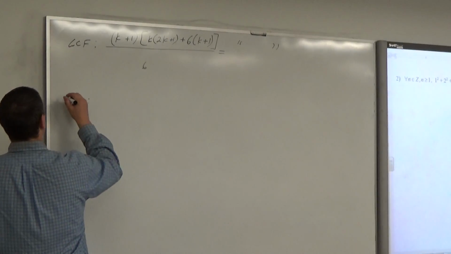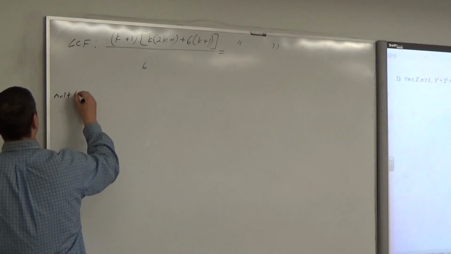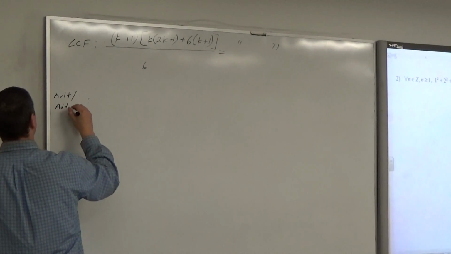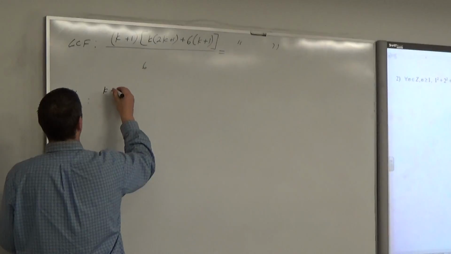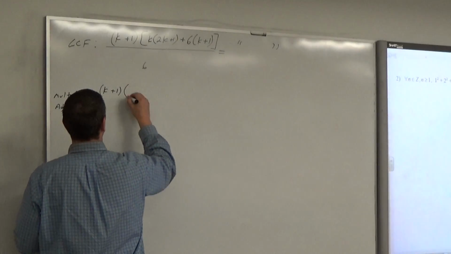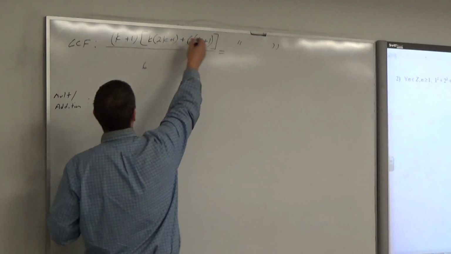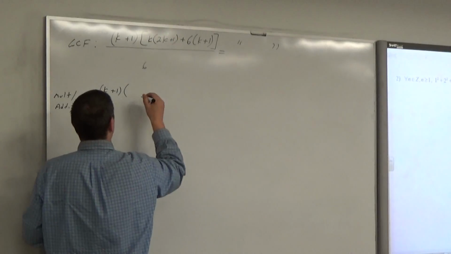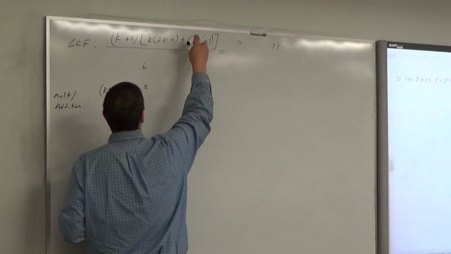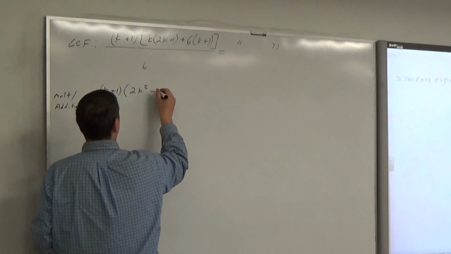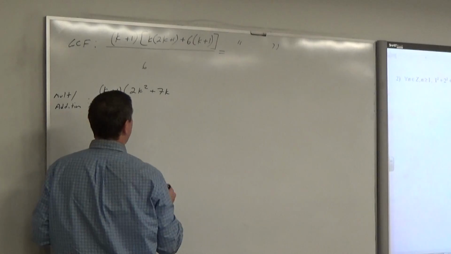So, just by multiplying and adding, some basic polynomial operations, k plus 1. If I was to FOIL this out, wouldn't I get 2k squared for the first term? I have a 1k and a 6k, so it just becomes 7k.